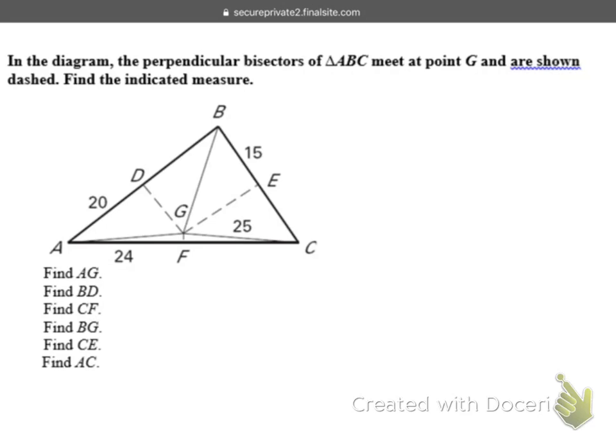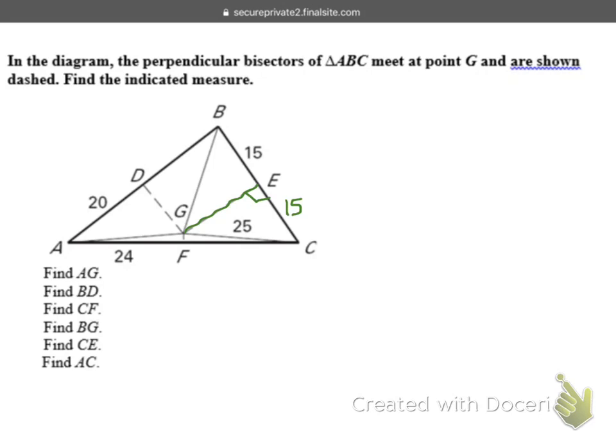So that means that FE is a perpendicular bisector. I have a perpendicular, and since it's bisecting, if BE is 15, so is EC.